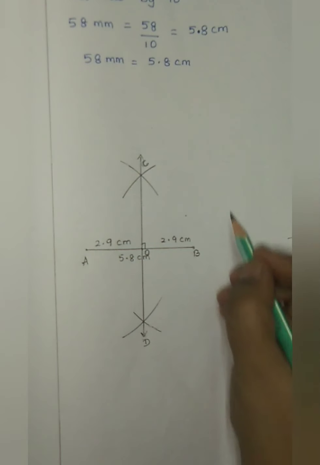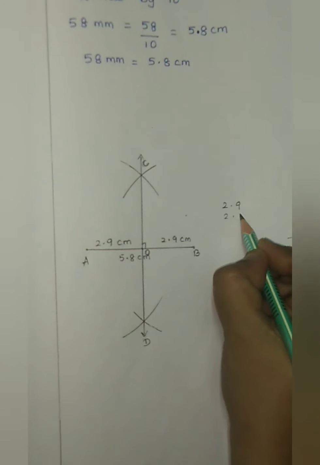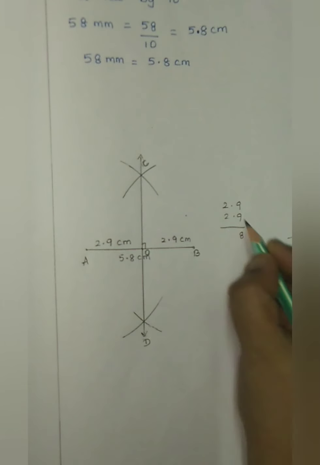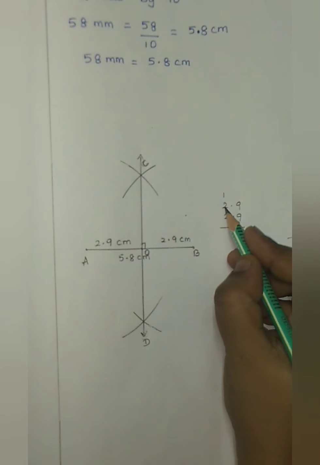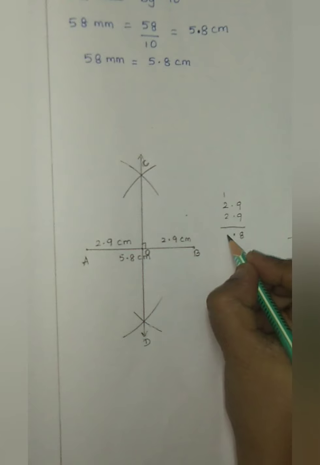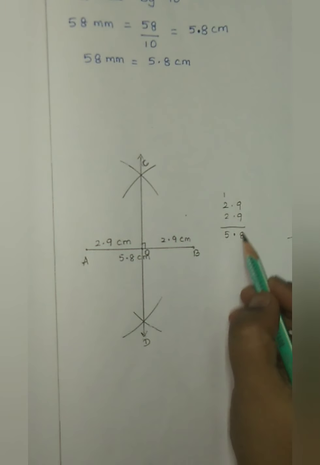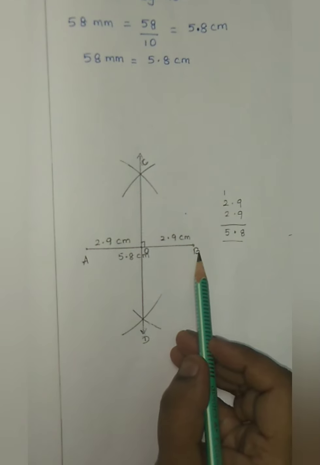Now add these two measurements, 2.9, 2.9. 9 plus 9, 18, keep the dot, 1 plus 2, 3, 3 plus 2, 5. So 2.9 centimeter plus 2.9 centimeter is equal to 5.8 centimeter, which is the length of AB.